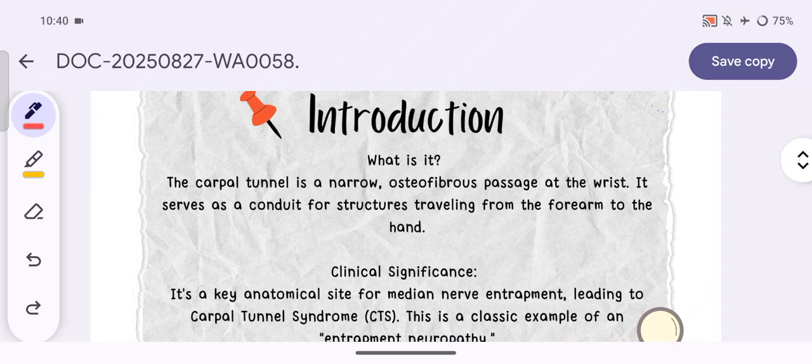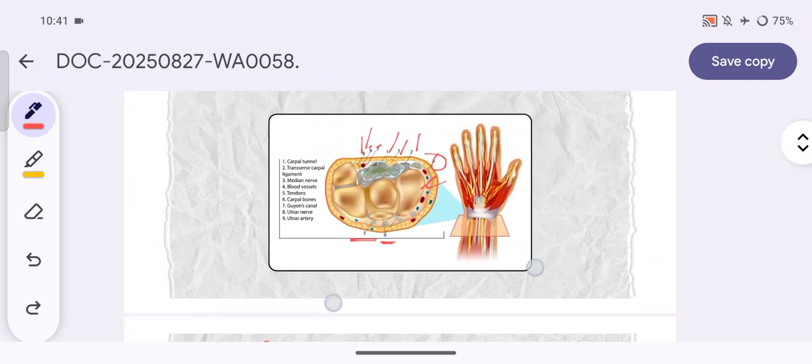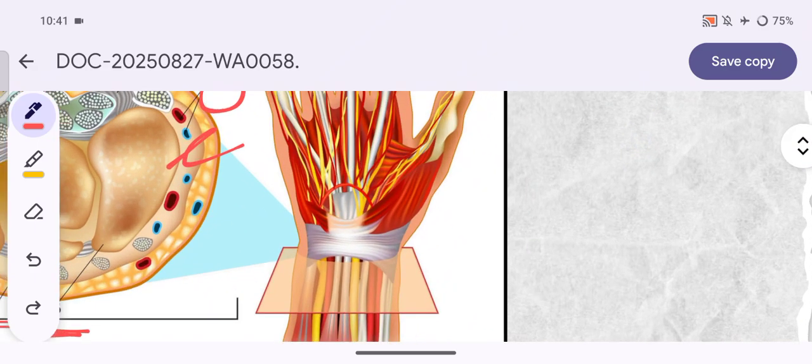So it is a narrow tunnel of fibrous and bony structure, present in the wrist, which helps to pass the structures going from the forearm to the hand or palm. You can see that through the carpal tunnel, the structures are going.